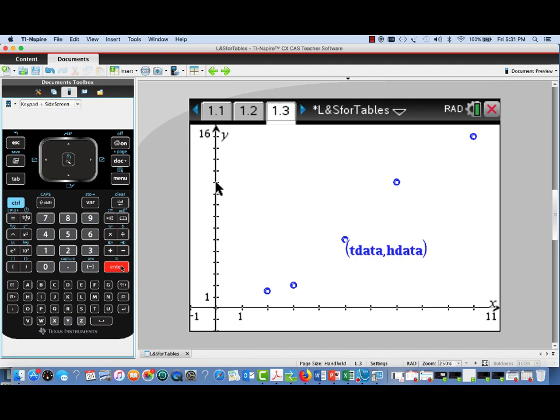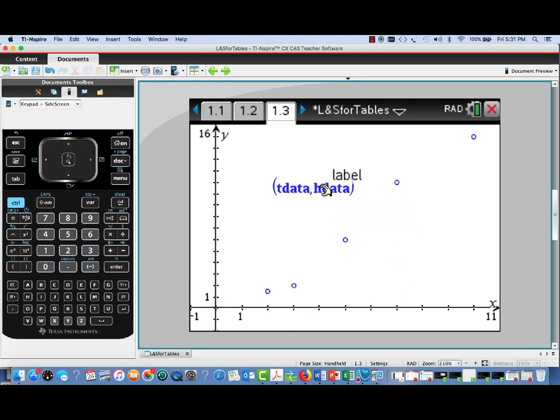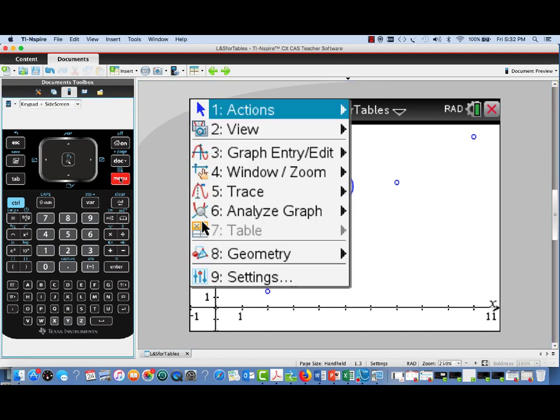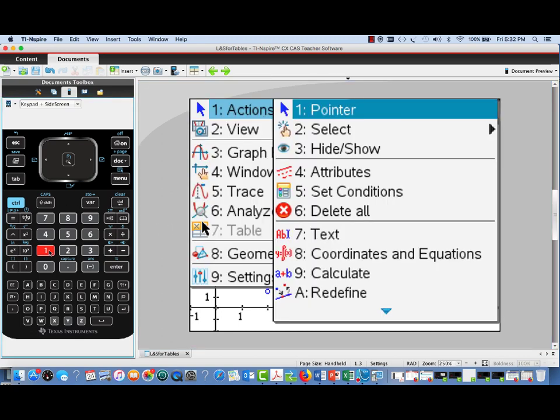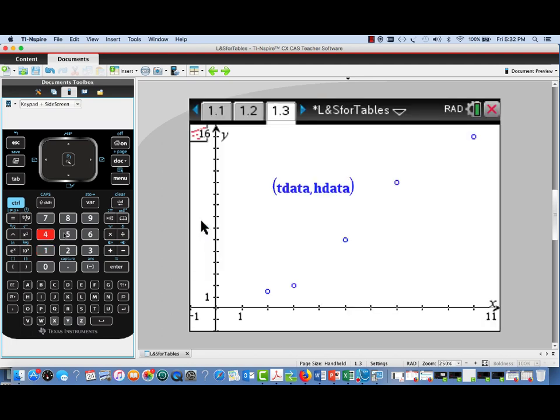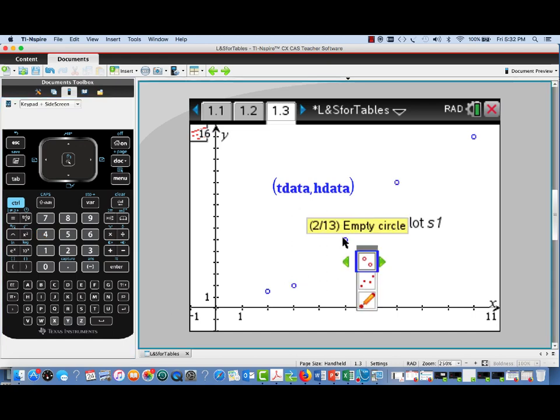Now, I've done a scatter plot, and I'd already set up the window so it would accommodate this set of data values pretty well. Let me move that label a little bit out of the way. Now, I want to connect these data points. So I'll go to the Actions menu, choose Attributes, and then when I point to my scatter plot, it's going to allow me to change some of the appearance of the graph.